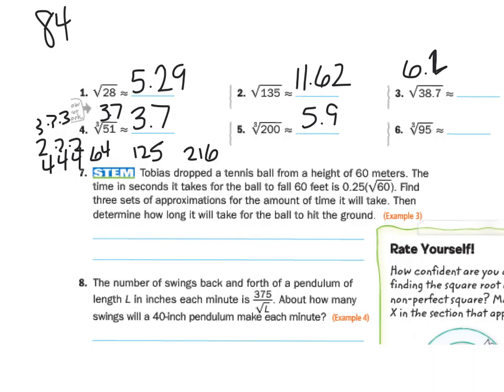Last one's 95. 95 would be between 64 and 125. So it's between 4 and 5. It's about right in the middle. I'm going to say 4.5 for that one. So let's see how that goes. 95 cube root is 4.56. Yep, there you go.